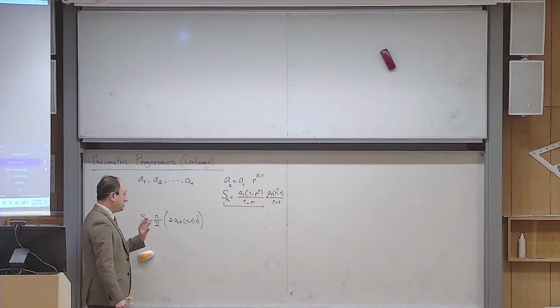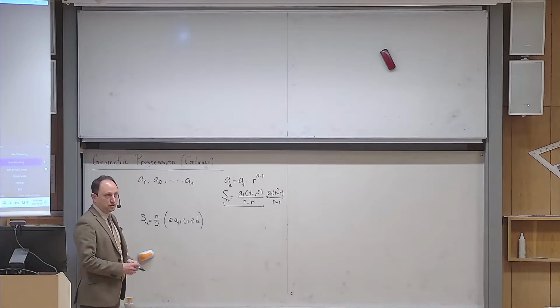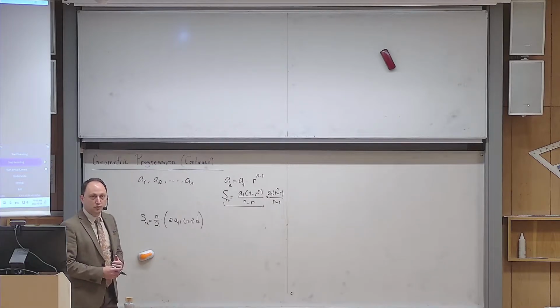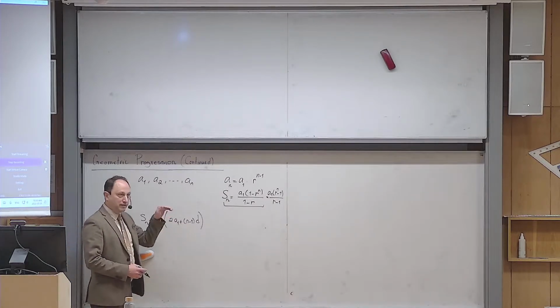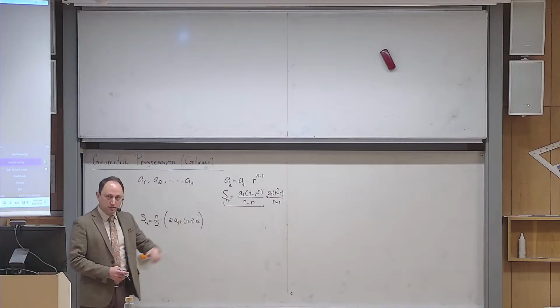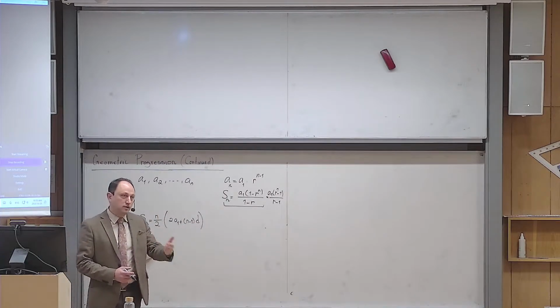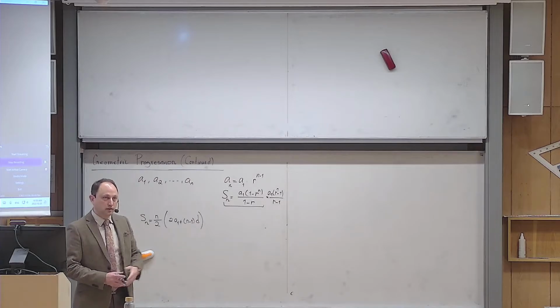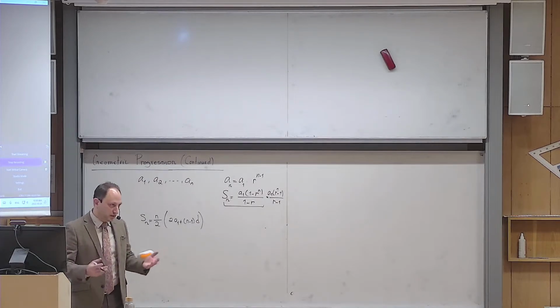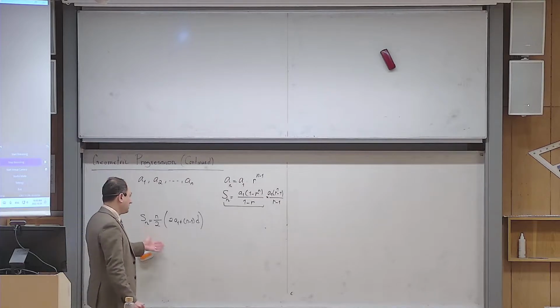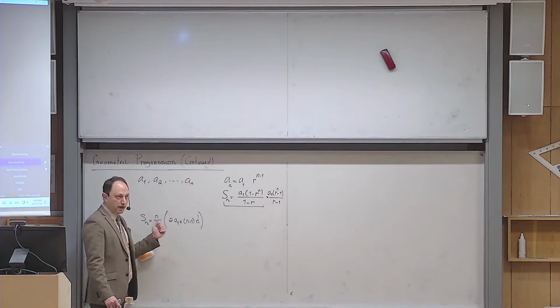Of course, increase means in magnitude, because if I have a negative value for d, I will have a decreasing sequence, and then it eventually becomes negative. And if I add negative numbers, it becomes a huge negative number. So when I say it becomes big, I mean from a magnitude point of view.